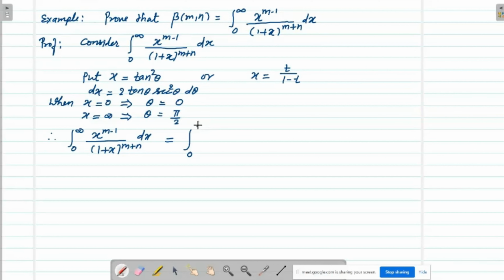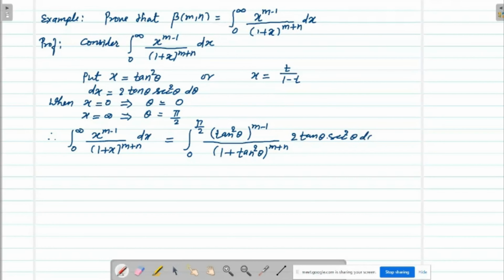Instead of x we put tan square theta, the whole power m minus 1, divided by 1 plus x, where x is tan square theta, the whole power m plus n, and instead of dx we write 2 times tan theta sec square theta d theta.